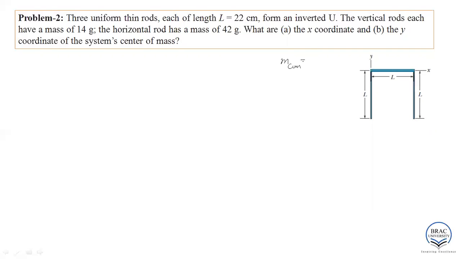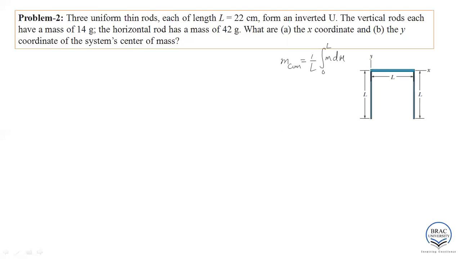Then we know an equation to find the center of mass for a uniform thin rod, and as it is a continuous material, we use the integral sign instead of the summation sign. So here m and dm, these are actually coordinates, these are actually positions in any space.